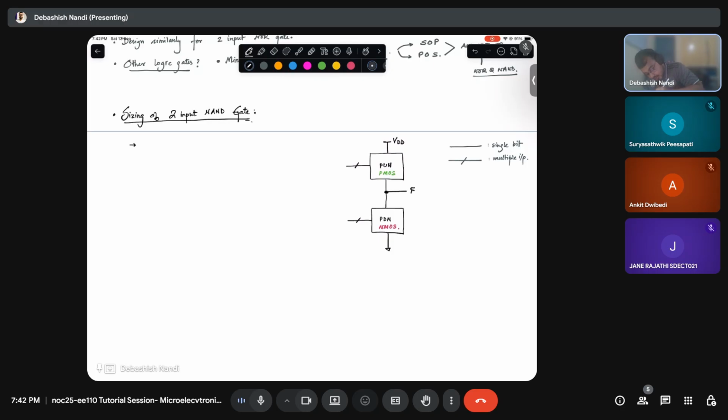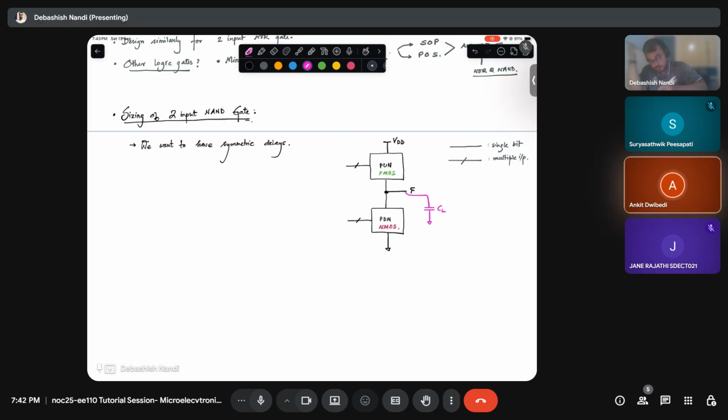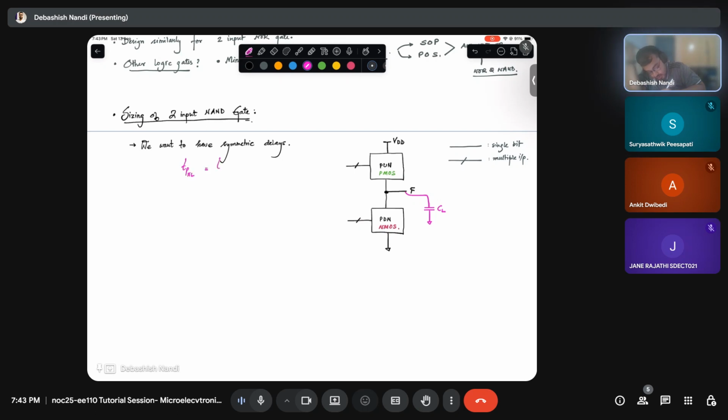So what do we want? We want to have symmetric delays. What do I mean by that? What do I mean by symmetric delay? TPHL equals TPLH. So TPHL is equal to TPLH.